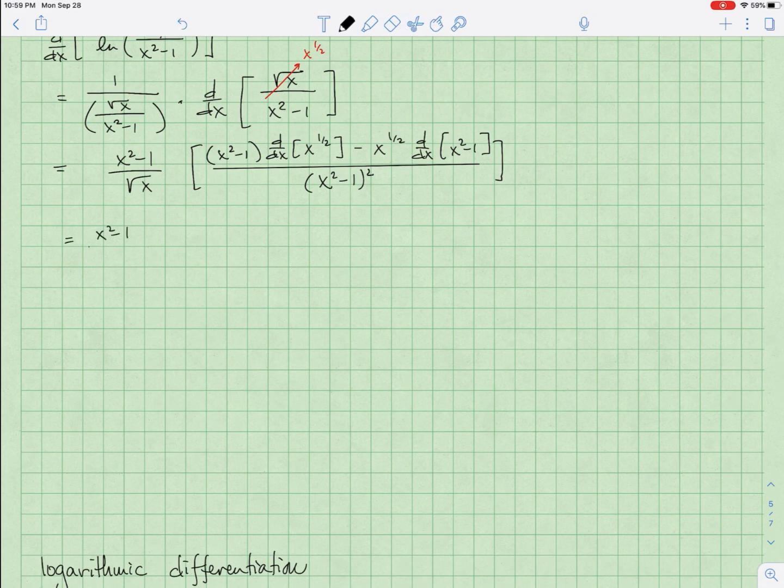This is x squared minus 1 over the square root of x times this monstrosity. x squared minus 1 times 1/2 x to the negative 1/2 minus x to the 1/2 times the derivative over here, which is 2x, over x squared minus 1 squared.